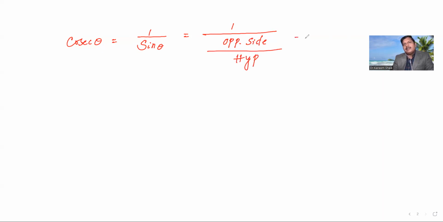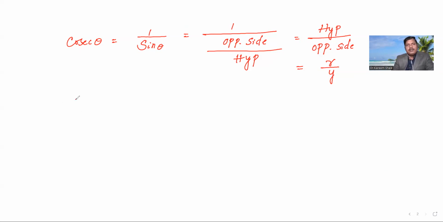Can I write it as hypotenuse upon opposite side? That means we can write it as r upon y, the distance of the point from the origin upon the y coordinate.